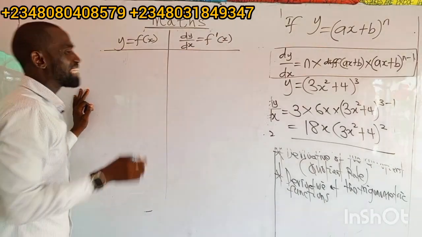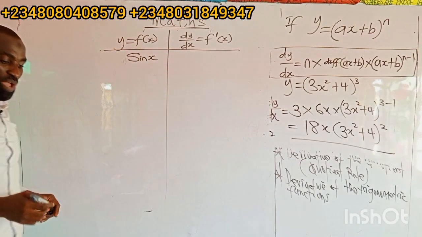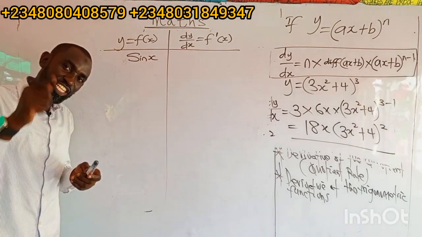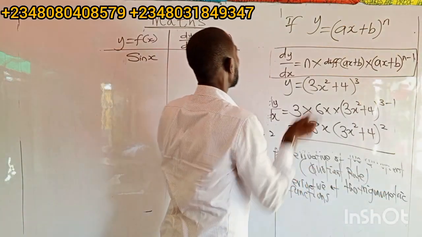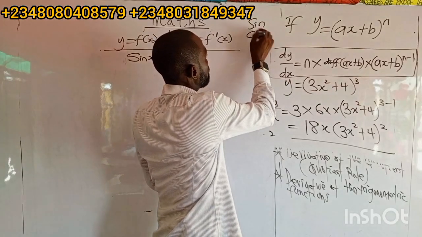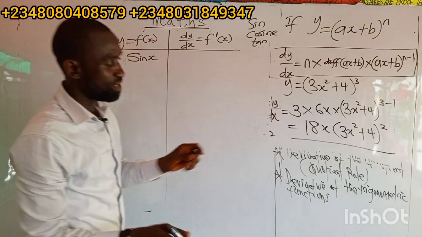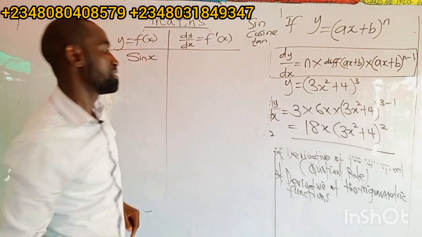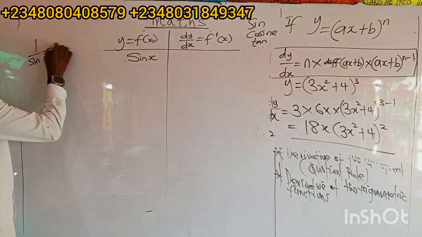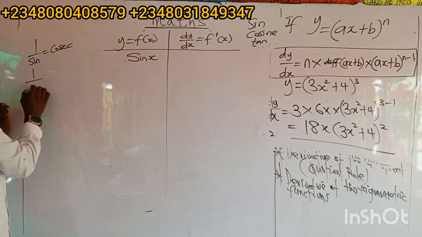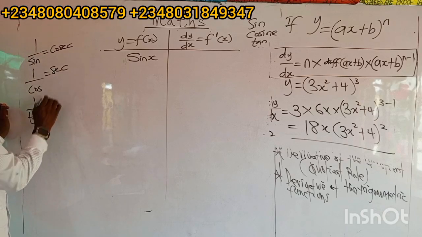Whenever you have to find the derivative, we have three trigonometric ratios: sine, cosine, and tangent. Then the inverse of these three: for sine, cosec; for cos, sec; for tan, cot.